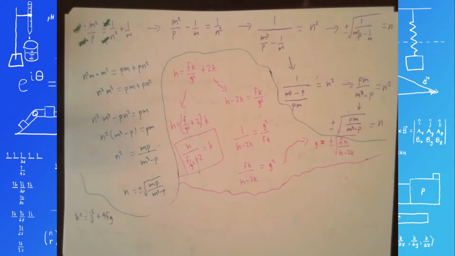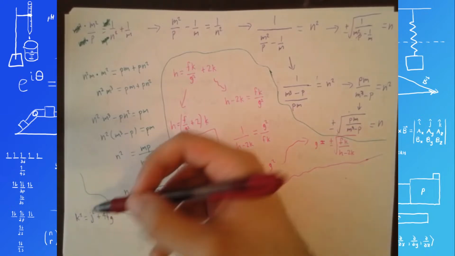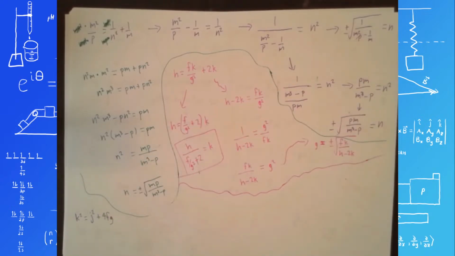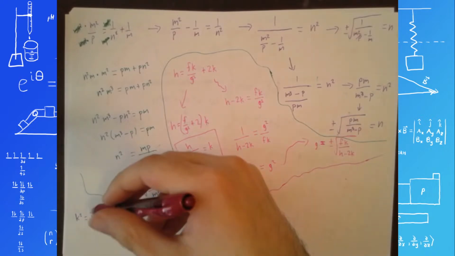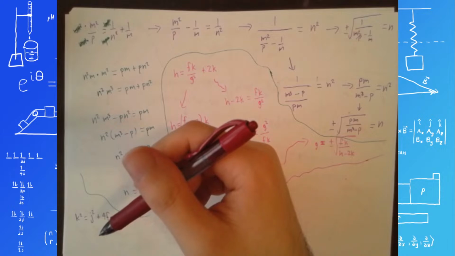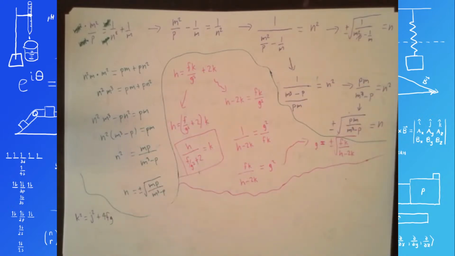Solve for j, then solve for f. I mean, this one seems simple enough. Subtract 4fg and take plus or minus the square root, and there's j. And solving for f, subtract j squared and divide by 4g. Okay, that one's actually not that hard. We'll skip it.